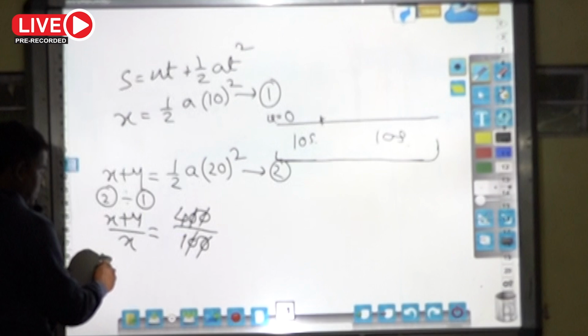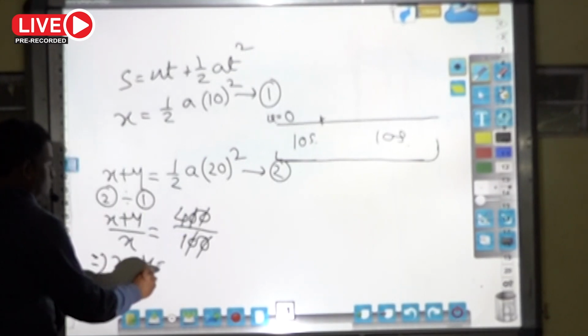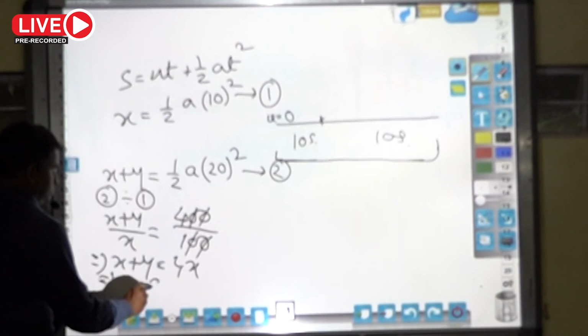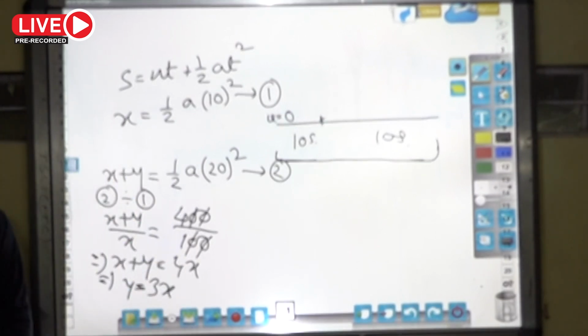So x plus y equals 4x, so y equals 3x. That is the answer. Half a will be cancelled when you divide these two equations.